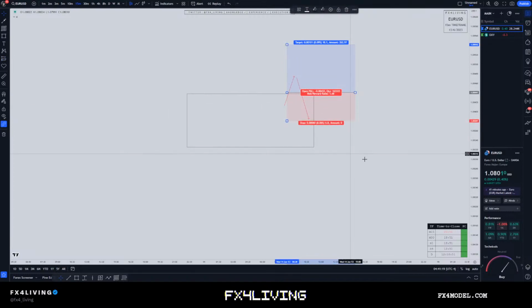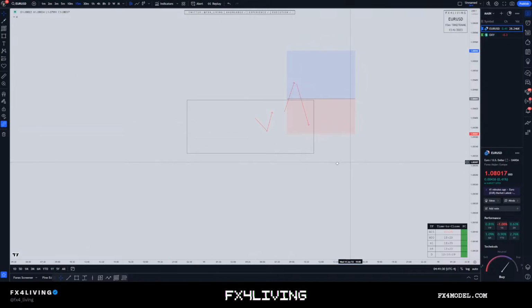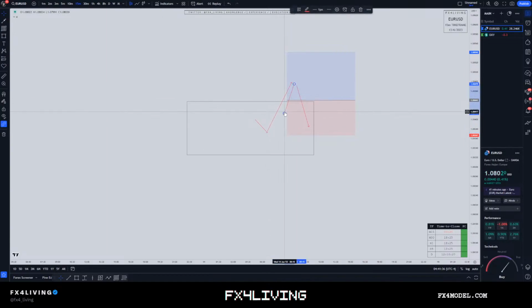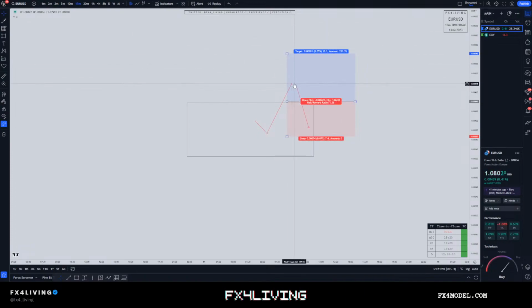Their stop's gonna be maybe here under a low, so their stop loss is probably below here. And the banks know that. They know if you activate their order, you are in drawdown, and they're just gonna reach your stop loss at this point.